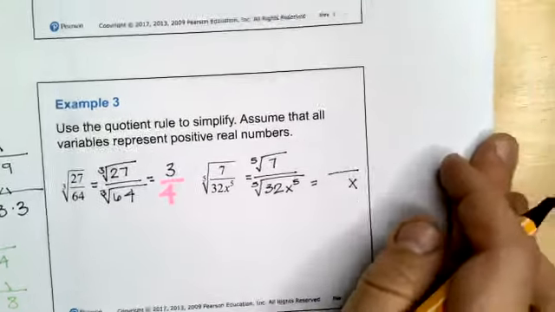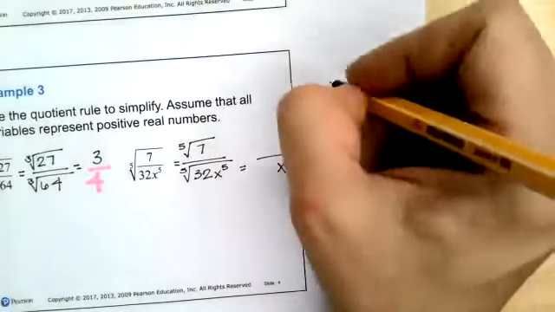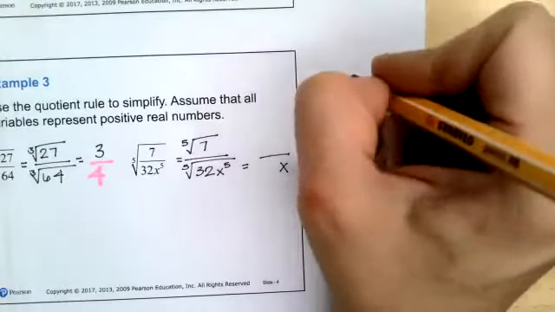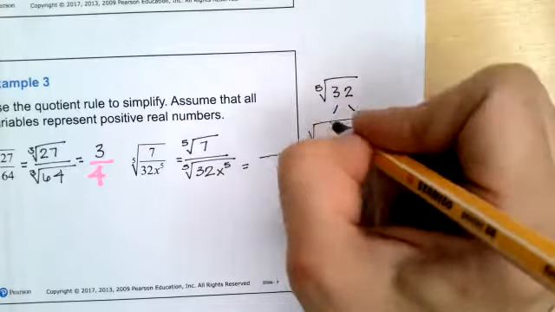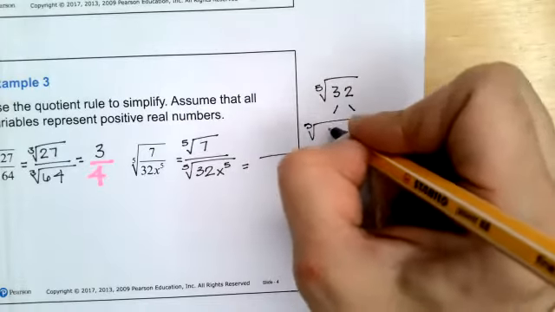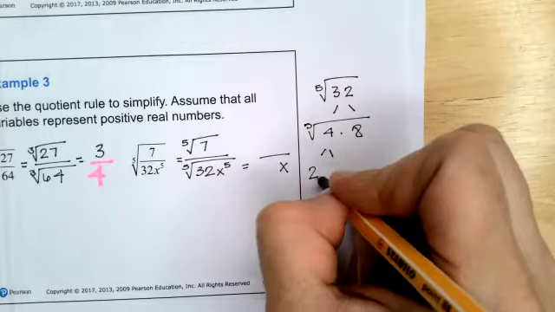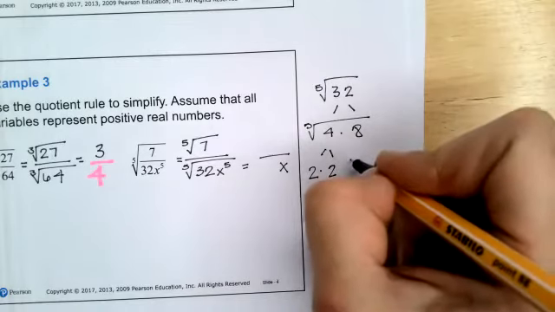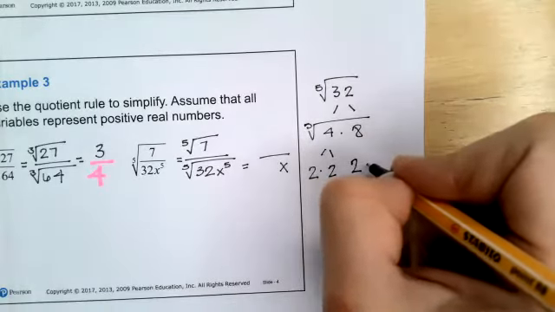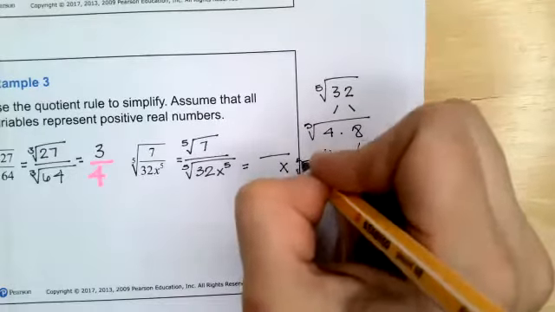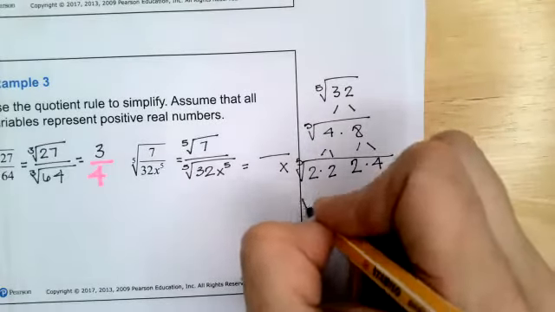And so the fifth root of 32. See if we can find anything for 32. The fifth root of 32 is going to be the fifth root of 4 times 8. 4 becomes 2 times 2. 8 becomes 2 times 4. We've almost got 5. We've got 3.